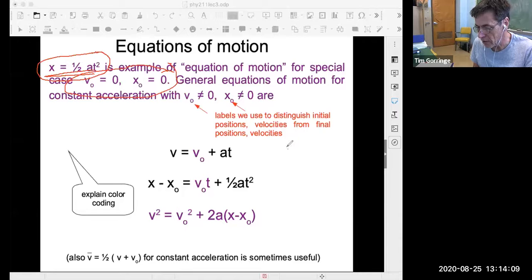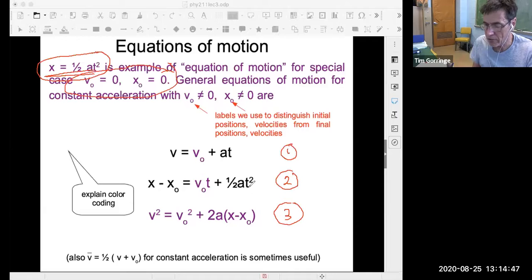And those equations are these 3. So here's number 1, number 2, and number 3. If you look broadly at these equations before we get into their guts, they're equations that relate positions or displacements, the x's you see here, to velocities, the v naughts and v's here, to acceleration, the a's here, and to elapsed time.